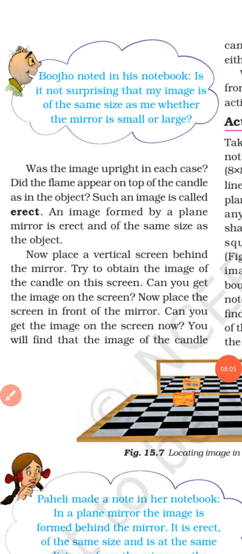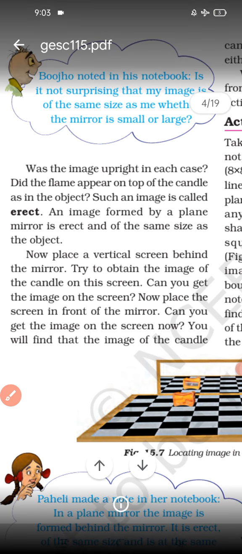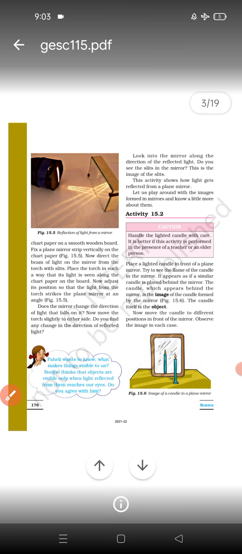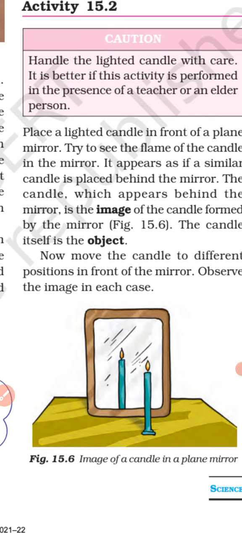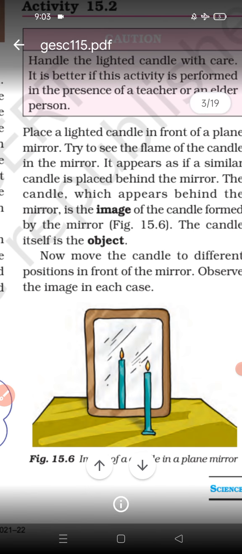Was the image upright in each case? Did the flame appear on top of the candle as in the object? Yes. If you look at this figure carefully, it shows that the image of the flame is upright.